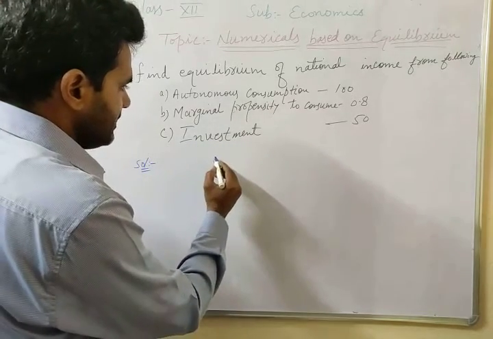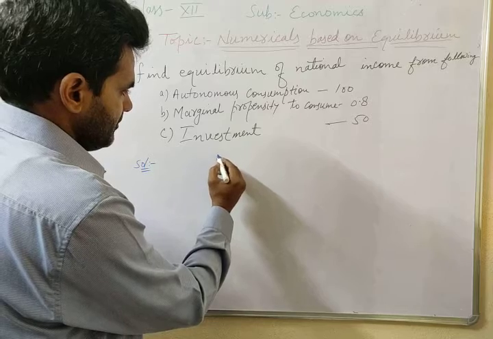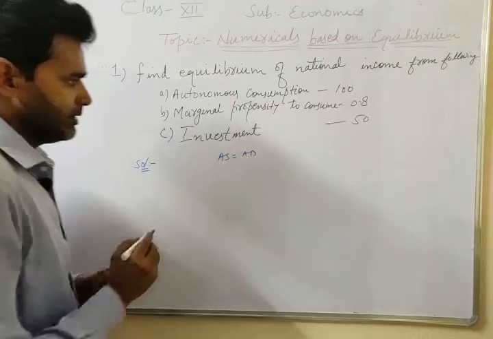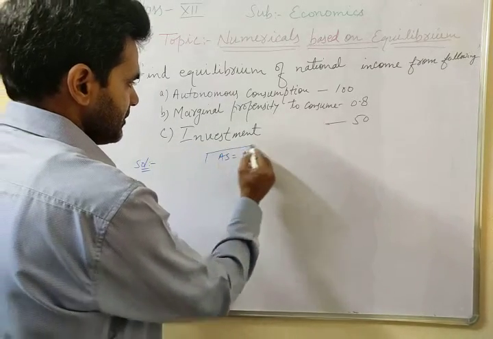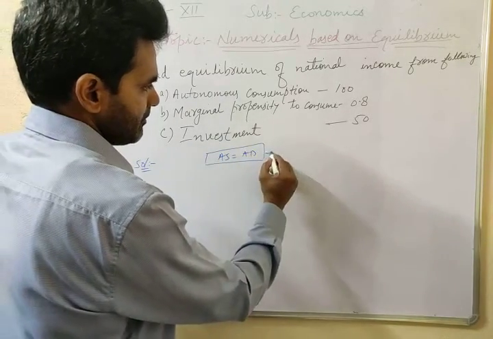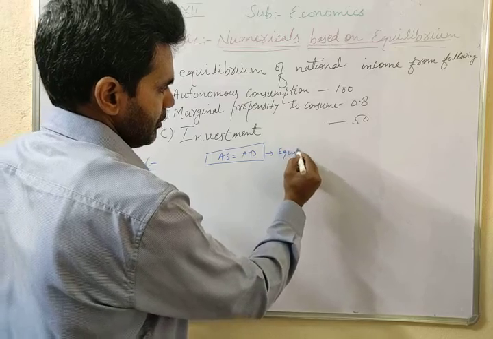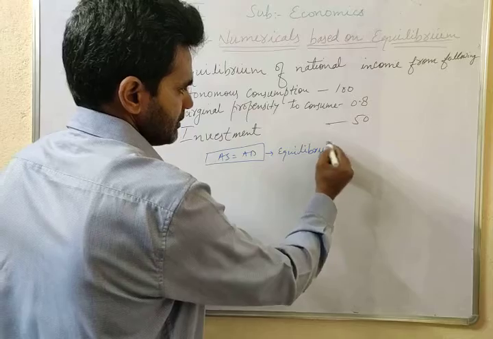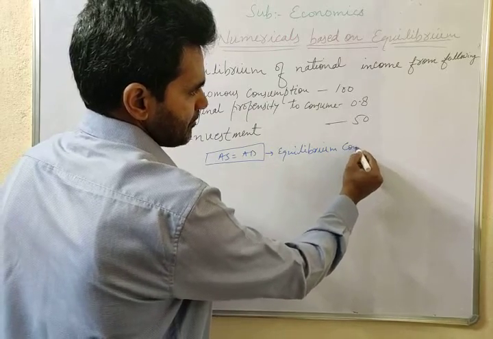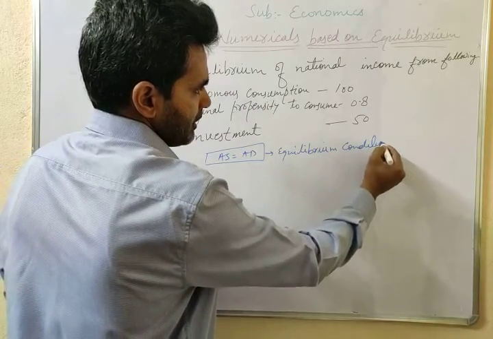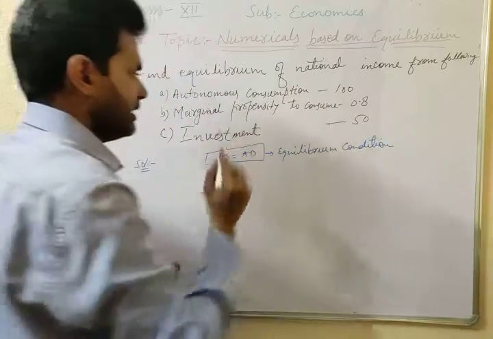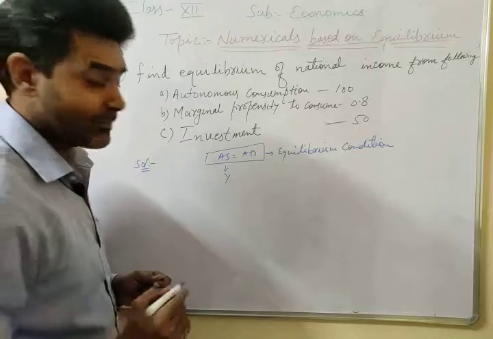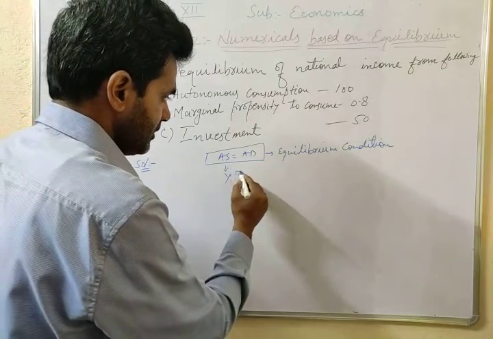We know that at equilibrium level of income, AS is equal to AD. This is the equilibrium condition. We are all aware of this. Here AS equals AD, and AS is also known as Y. This we know already.